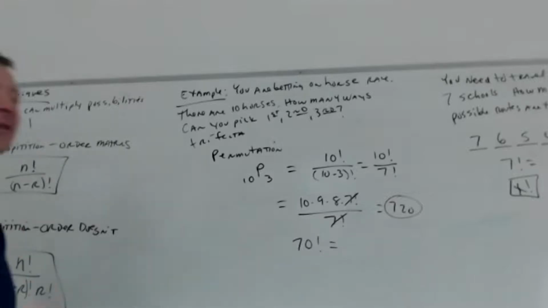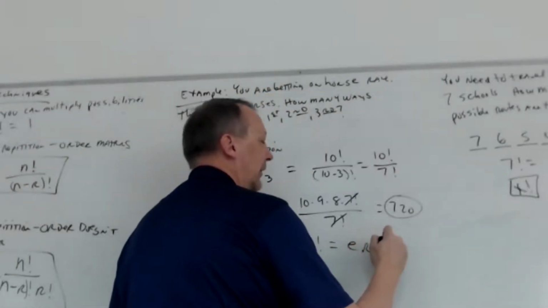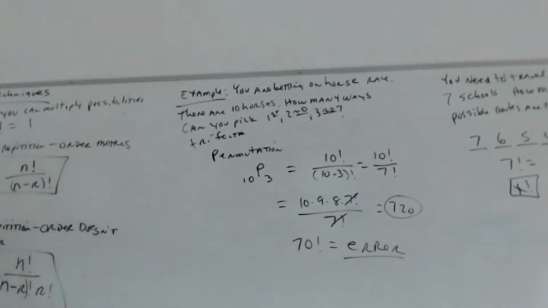Oh, yours says overflow. That's what yours was supposed to say. Or I love it when people say error. No, it's not error. But it does blow up most calculators. What kind of calculator do you have? Excel. I'm using Excel. Oh, you're using Excel. Excel will do it. Your calculator will not. What's your quiz going to be tomorrow? Not going to be Excel.